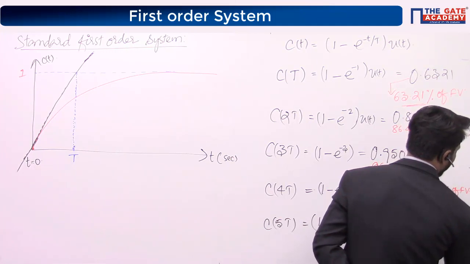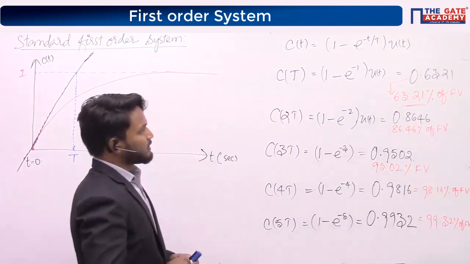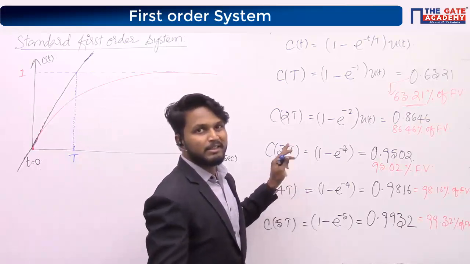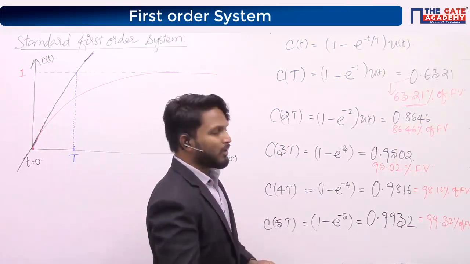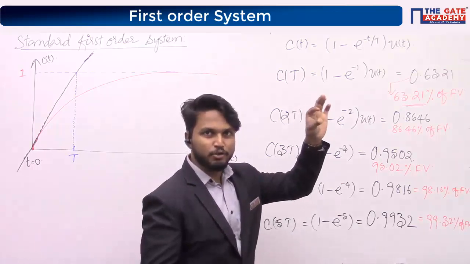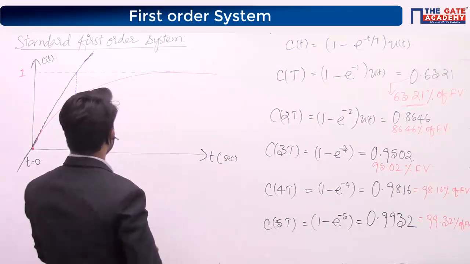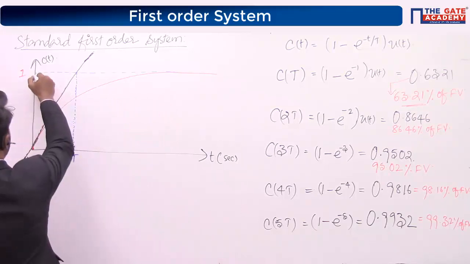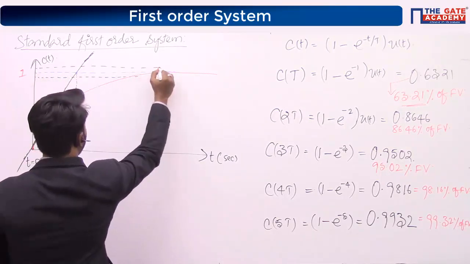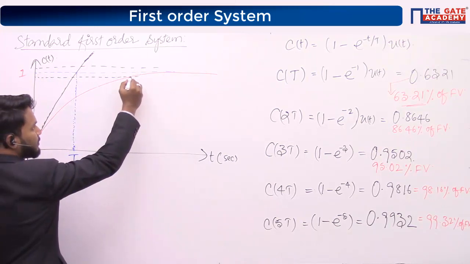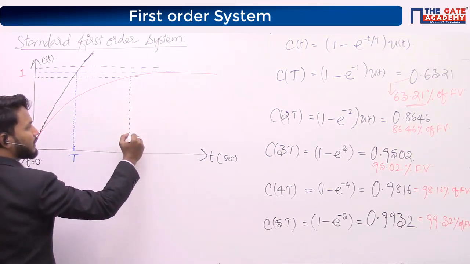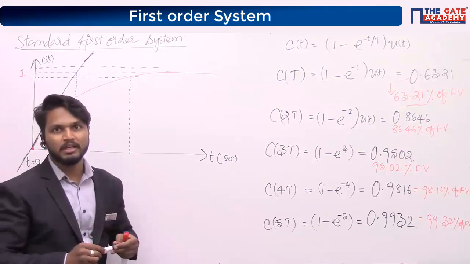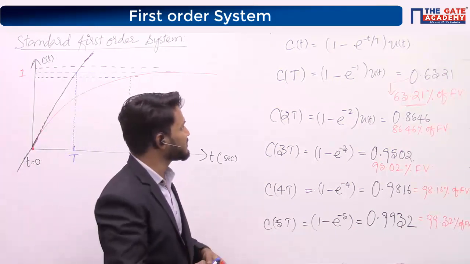So see here, the time taken by the response to enter the plus or minus 5% range of final value. This is the plus or minus 5% range of final value, let us say, right? How much is the time?